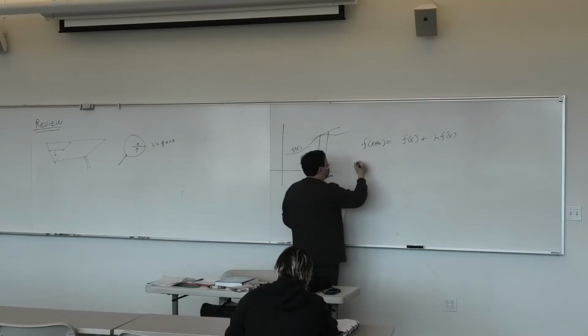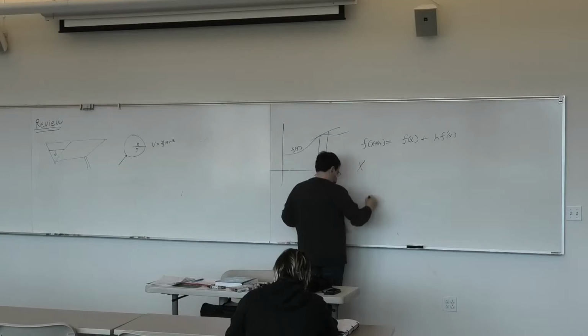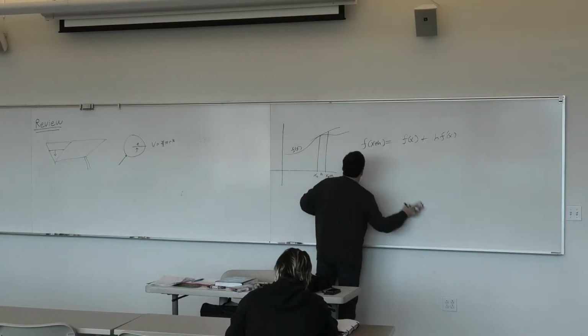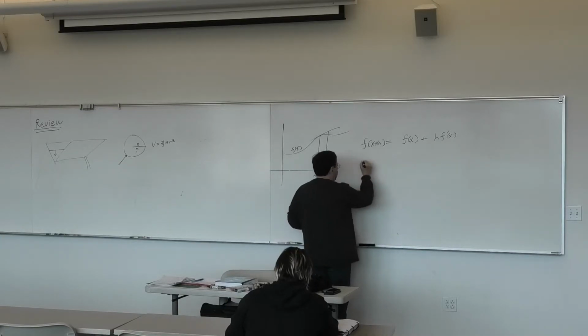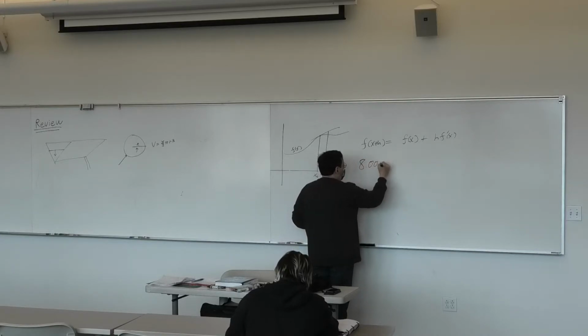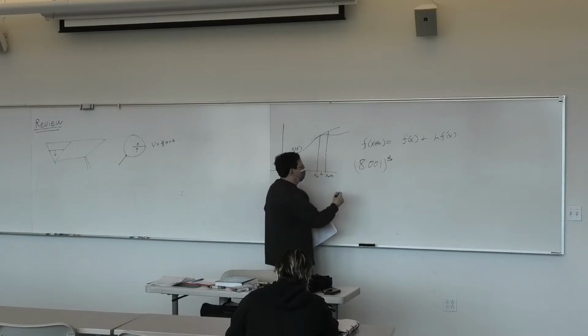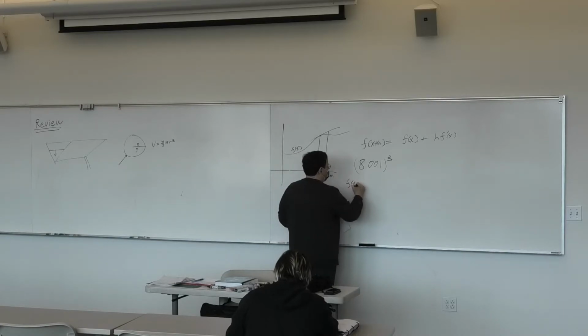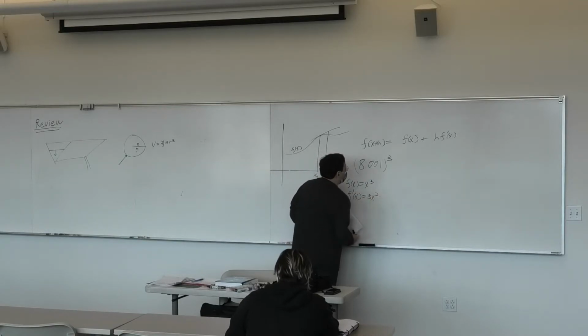So if I said, let's do 8.001 cubed, think, well, f of x here is x cubed, and f prime of x is 3x squared.